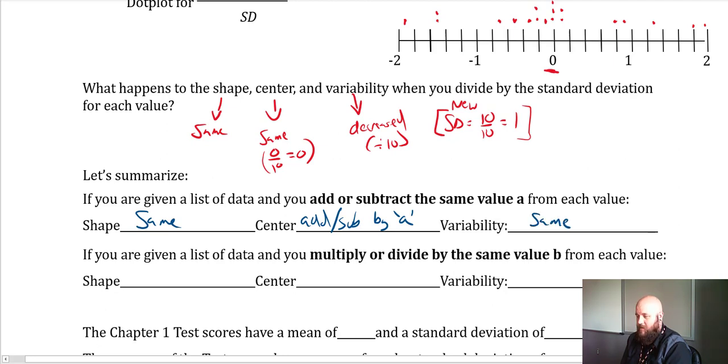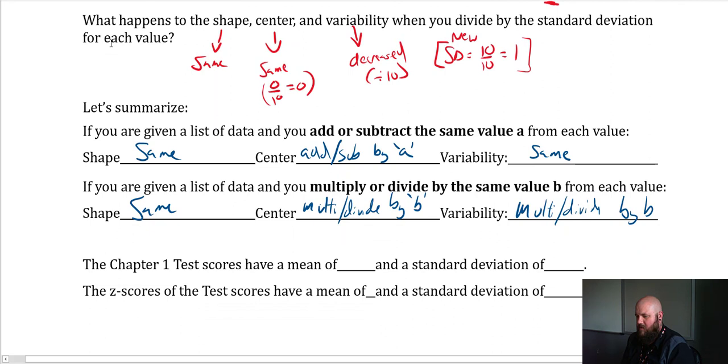We had 38 on both of them when we subtracted, from the top values. For multiply or divide, the shape stayed the same. The center, again, it just went by multiply or divide by, we'll call it the b value just in this case. And the variability, well, we also multiplied or divided by b.